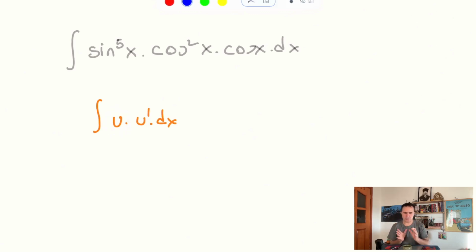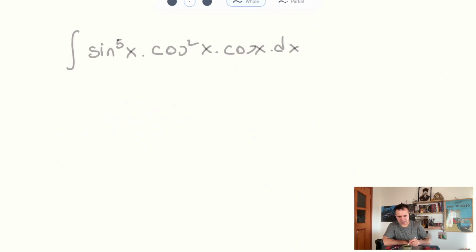This may be u, or it may be u square, u cube, or square root of u, or cube root of u, or it may be u square or u cube at the bottom of a rational function. What is important here is u prime should be multiplied by dx. In such a condition, we always use substitution method.